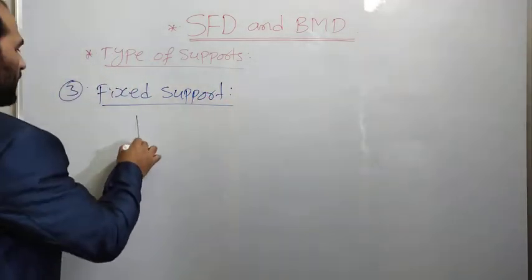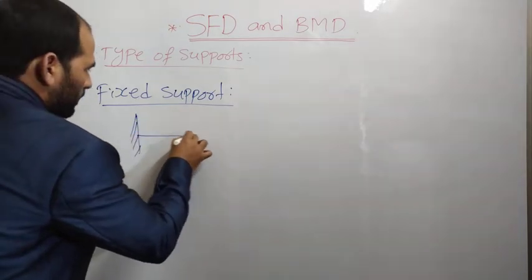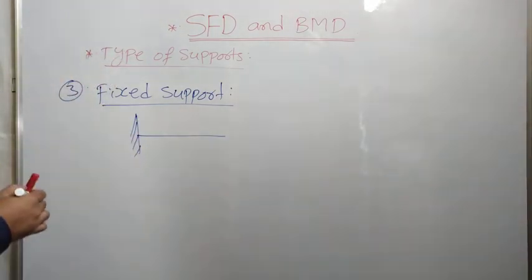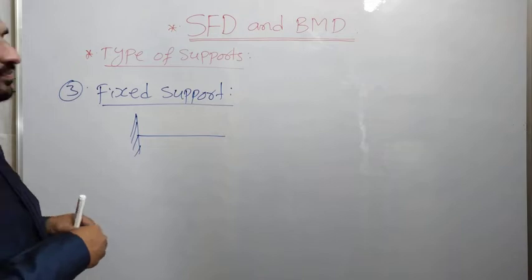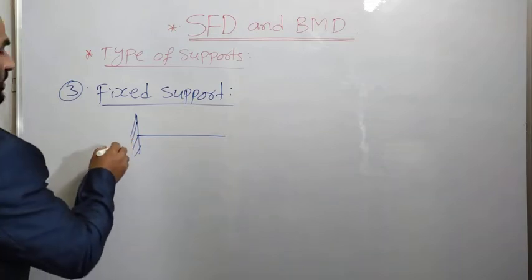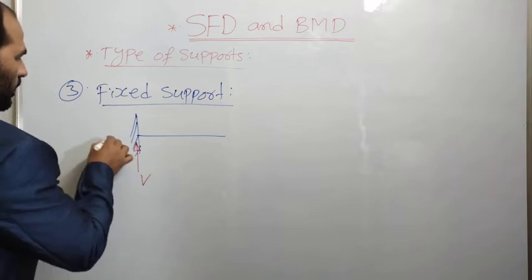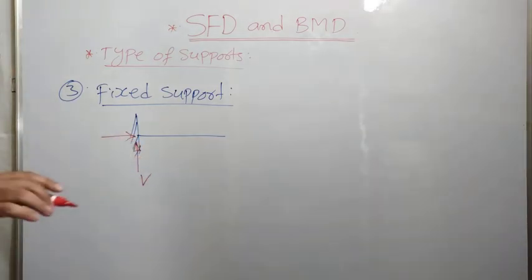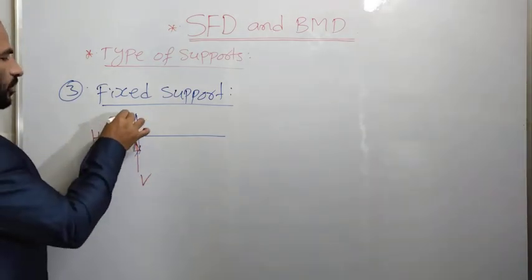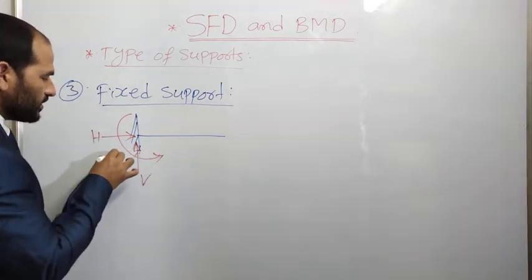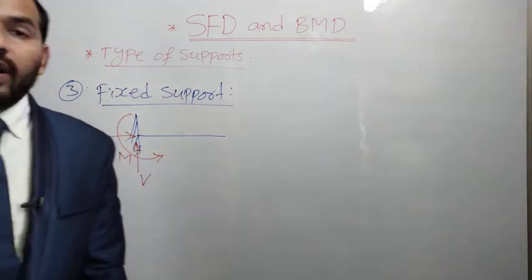Yes, so this is the figure. This is the fixed support. For this fixed support, the reactions that develop are one vertical reaction, one horizontal reaction, and one more, a moment.